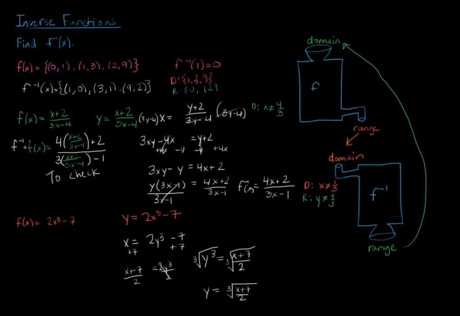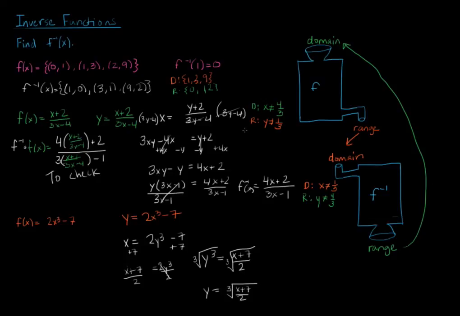And again, you'll notice that the range here, this is a function with a horizontal asymptote, and that horizontal asymptote, because the degree is the same, it would be 1/3. So the range wouldn't include that 1/3 value. So y cannot equal 1/3, which is the same as the domain of the inverse function.